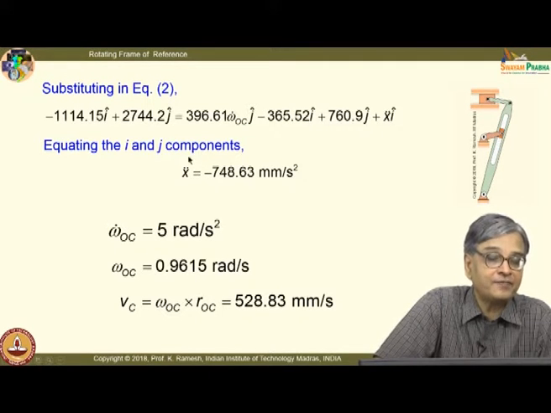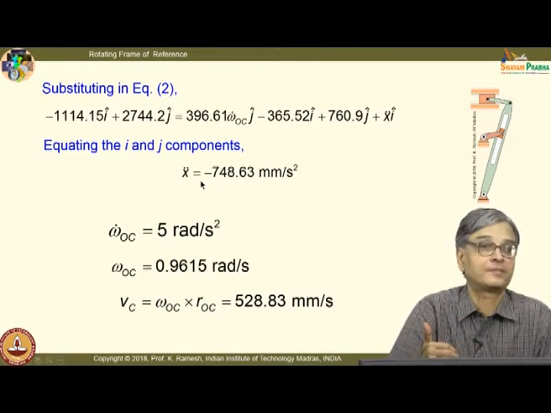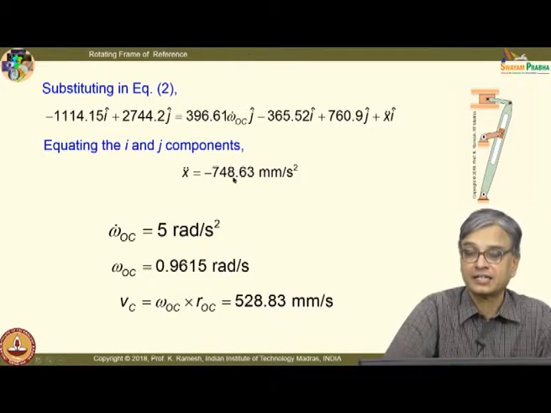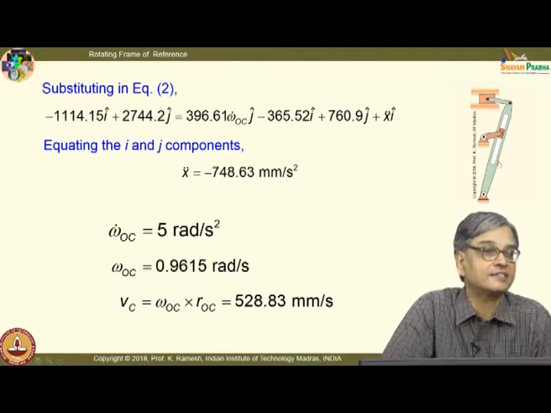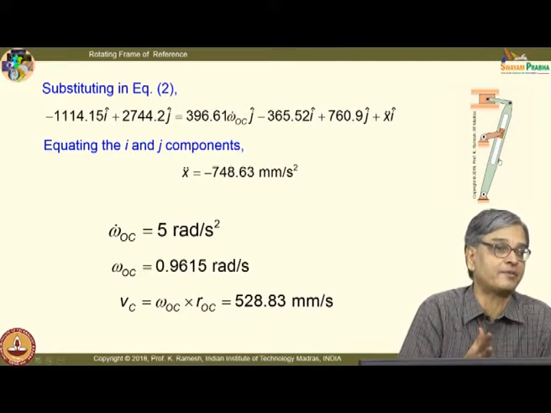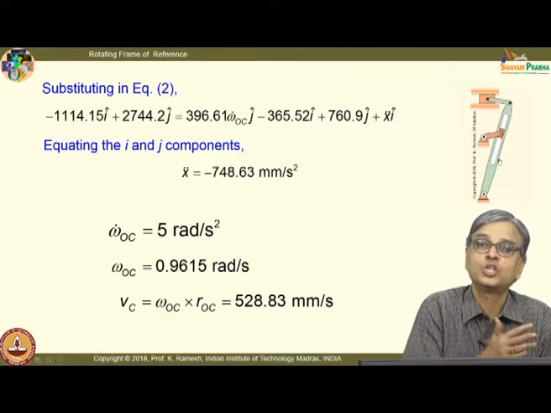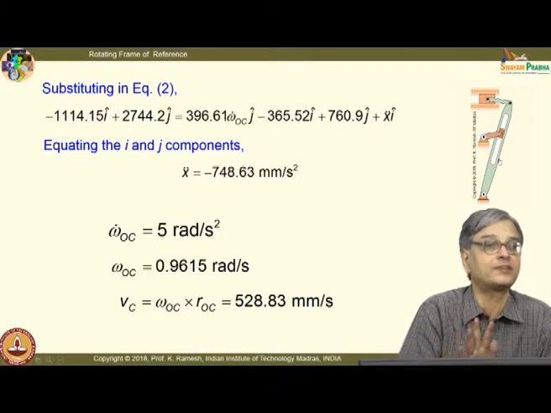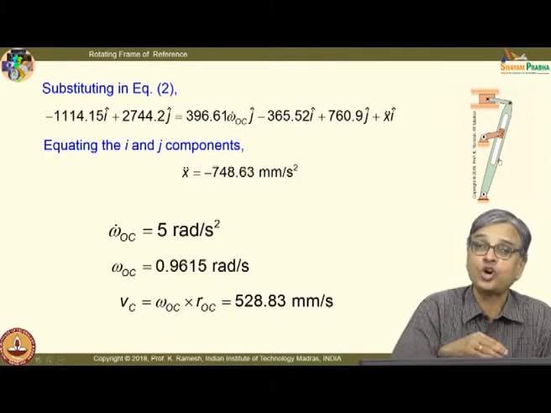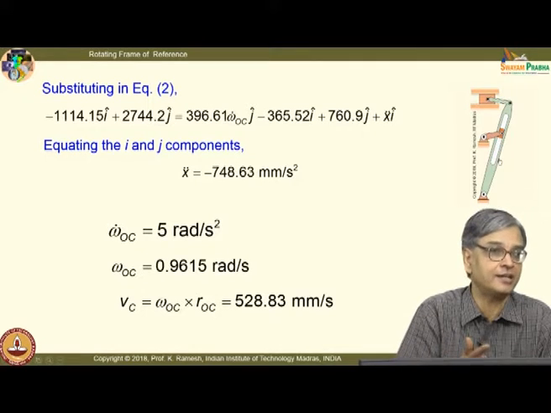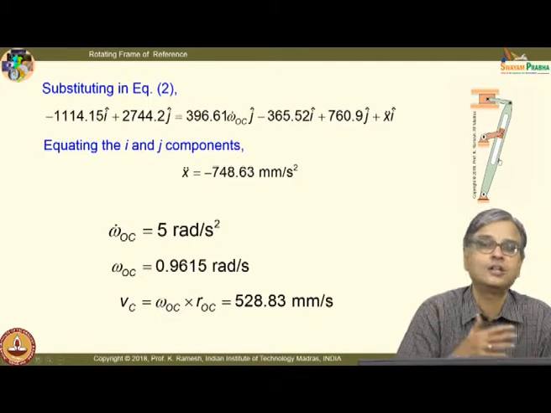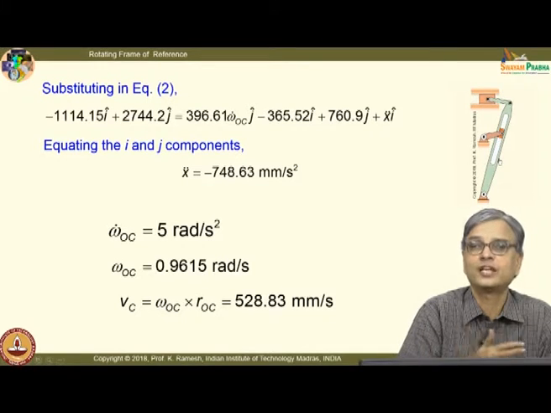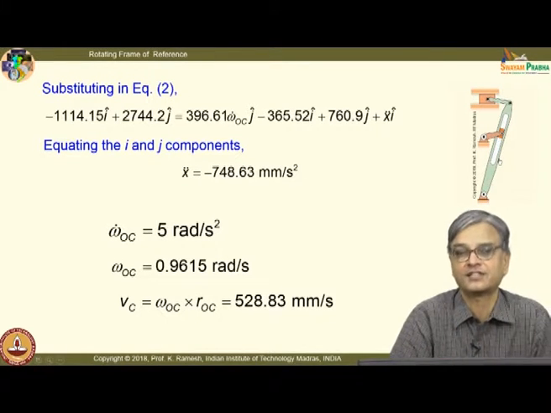I determine ARL and VREL by solving the problem, but I know very well that a slotted member can have only a linear motion like this. I use that as a basis to select the rotating frame of reference. See, in the earlier problems, you are able to calculate ARL and VRL comfortably. Here, I do not know how to compute them initially, but I know how these quantities are. Fine. So, the problem could be coined on any one, the left hand side is known or right hand side is known. So, you can equate the two and then find out the rest.